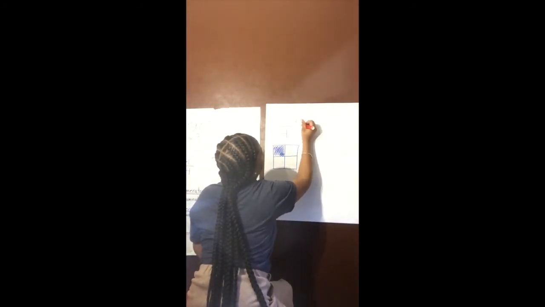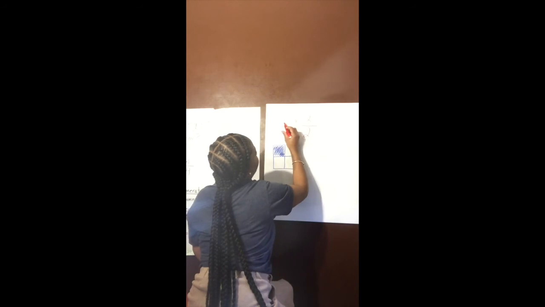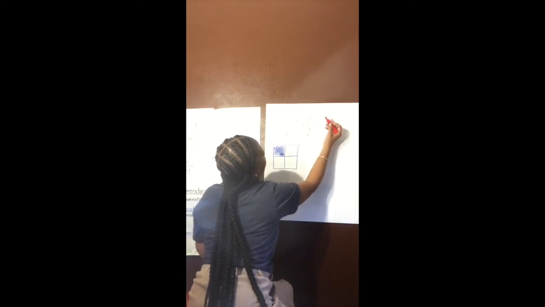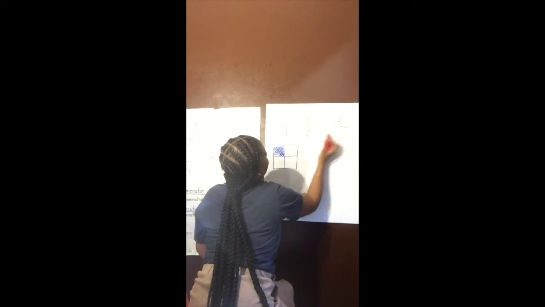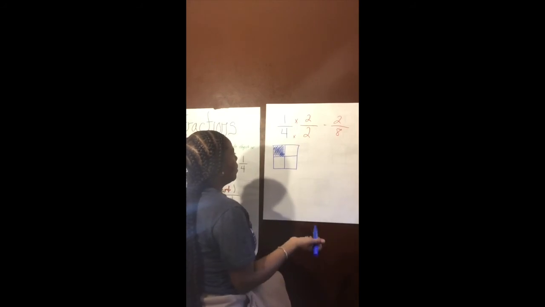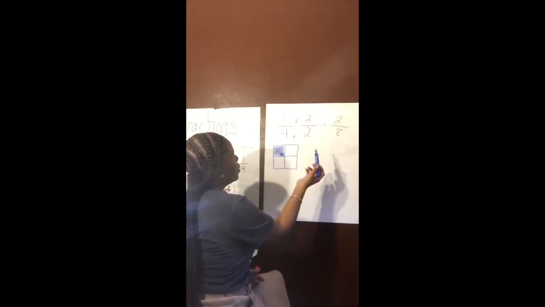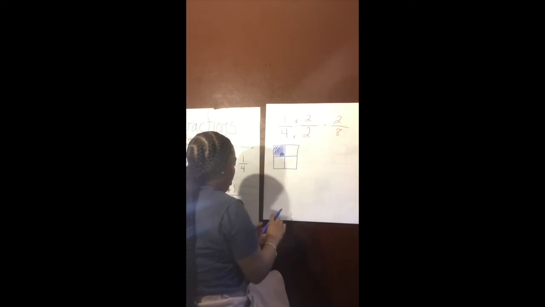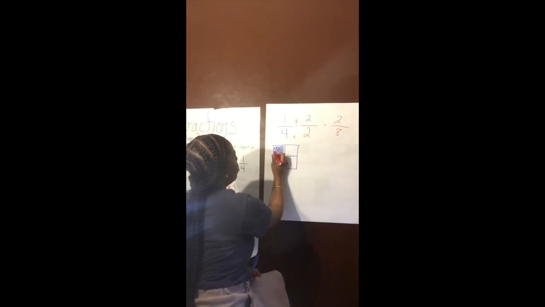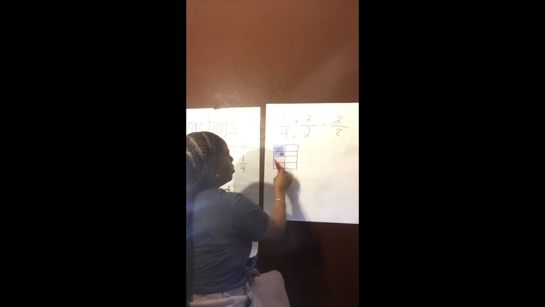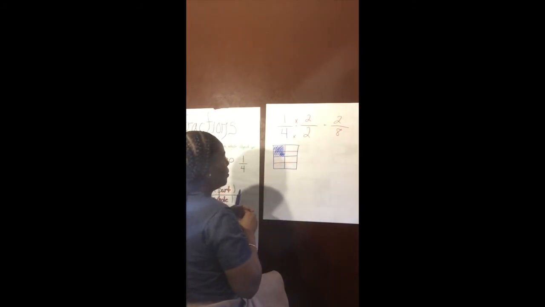So I'm going to do 2 times 1 equals 2, and 4 times 2 equals 8. We multiply each of the parts by 2, showing that 1/4 and 2/8 are equal again. And this is what literally happened to our visual model, going from 1/4 to 2/8 once again.